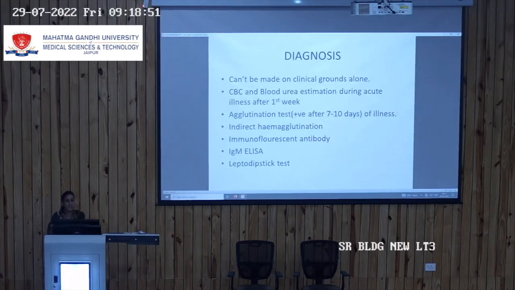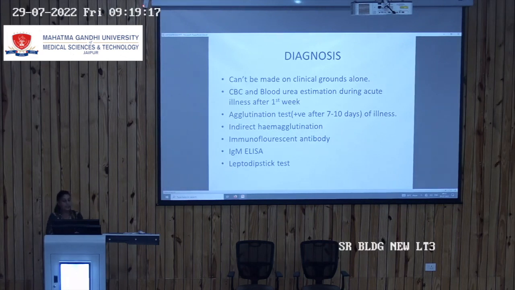Now, how can this disease be diagnosed? Clinical features are not sufficient, so certain tests have to be done, like CBC, complete blood count, and blood urea estimation during the first week of illness. Another test is the agglutination test, which turns positive after 7 to 10 days of illness.